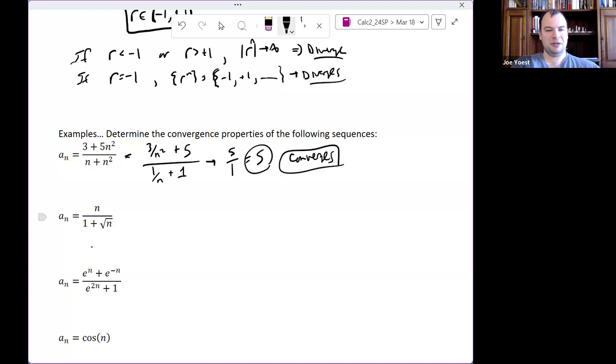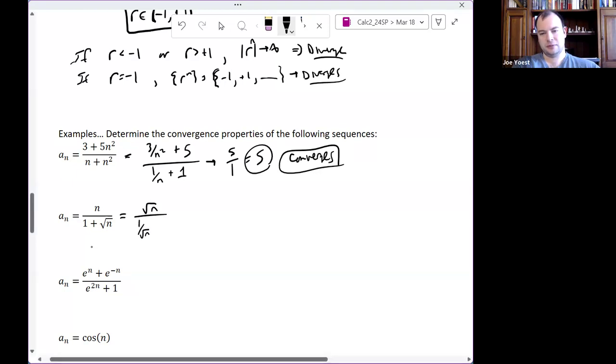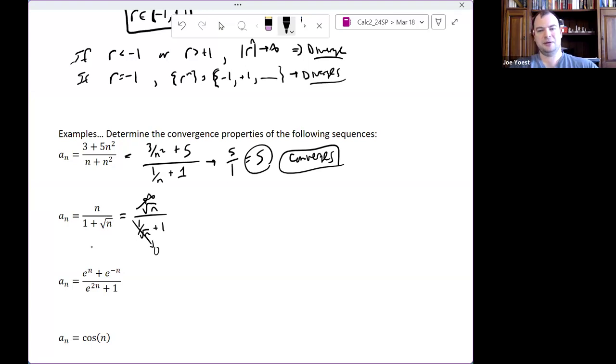If I maybe divide top and bottom by root n, something like this, I note that my denominator, this bit goes to 0, my denominator goes to 1, but my numerator still goes to infinity. As I let n get larger, that numerator is going to continue to get larger. This goes to infinity. This is divergent.